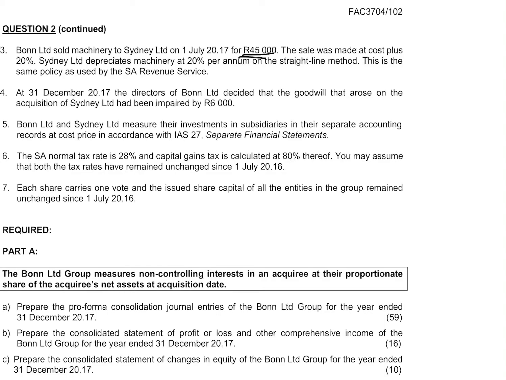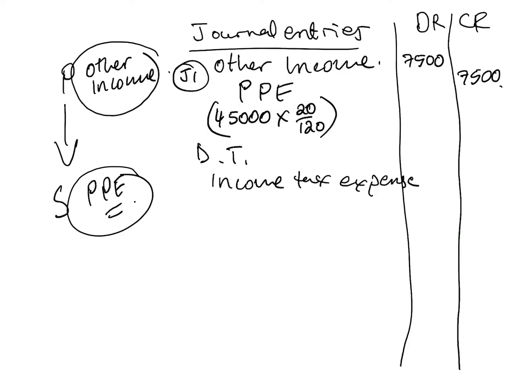Now when we are looking at this, they said the asset is being depreciated at 20%. So therefore it is allowed for taxation purposes. So we say 7,500 multiplied by 28%. So 7,500 times 0.28 is going to give us 2,100.